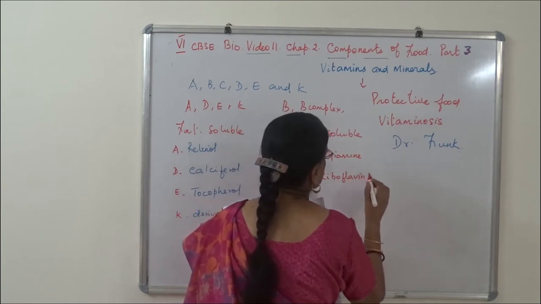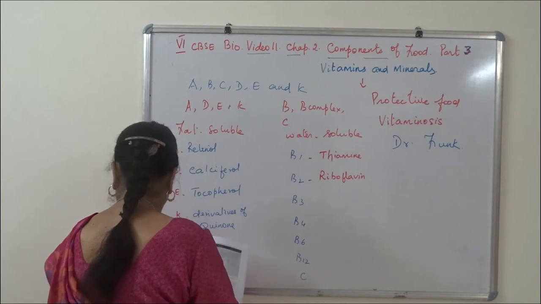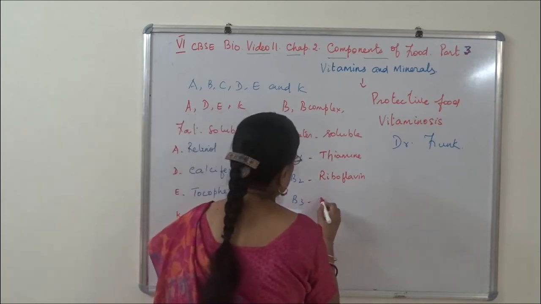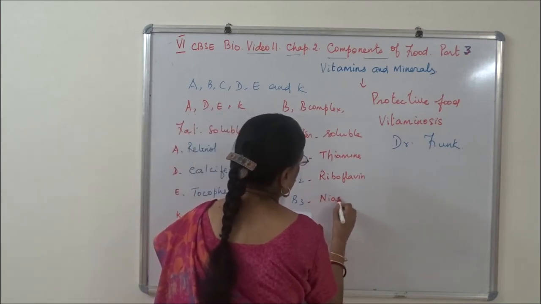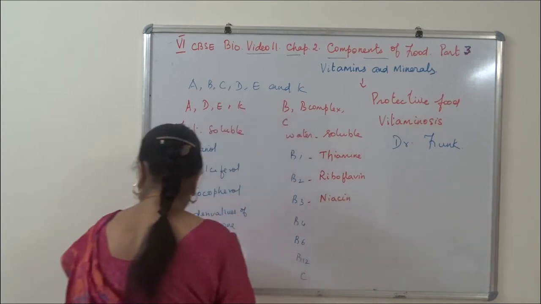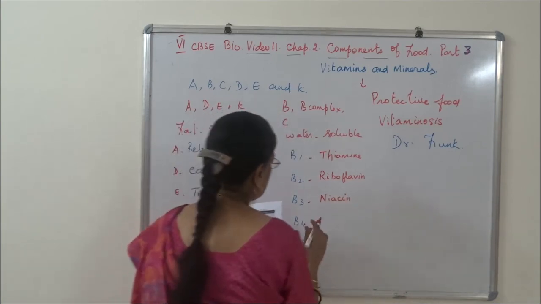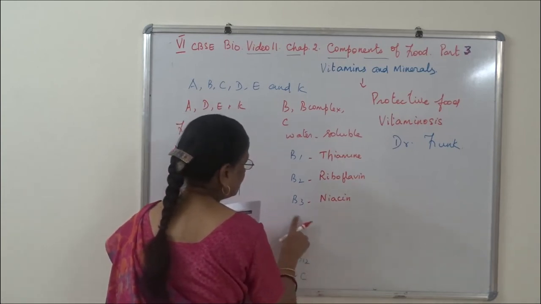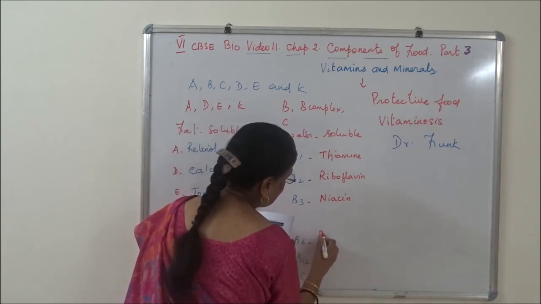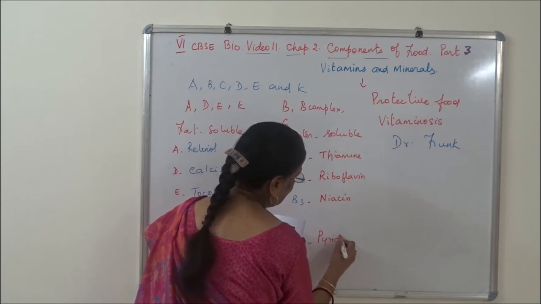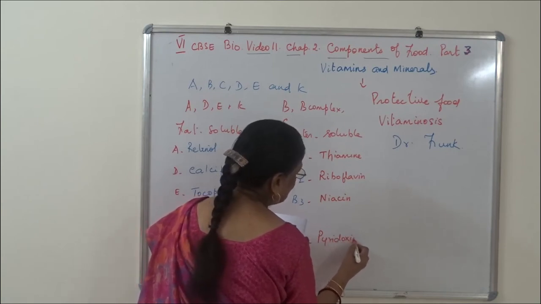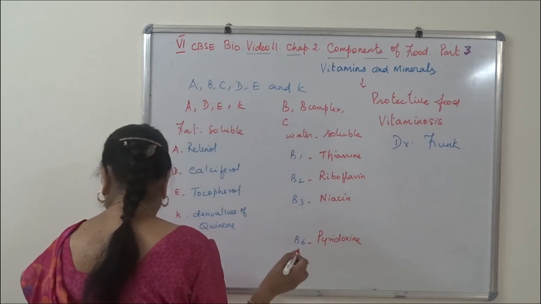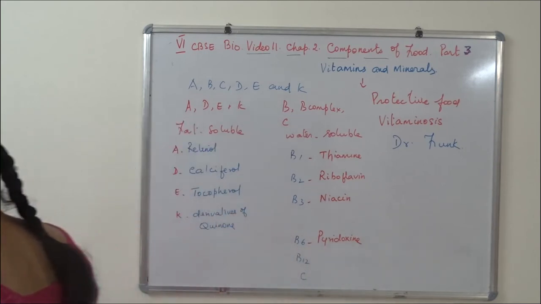We should learn the spelling. B2 riboflavin, B3 niacin and B6 pyridoxine, and B12 cyanocobalamin.